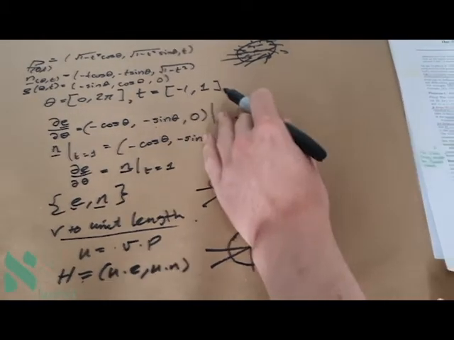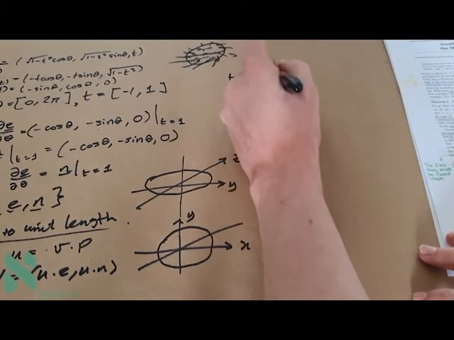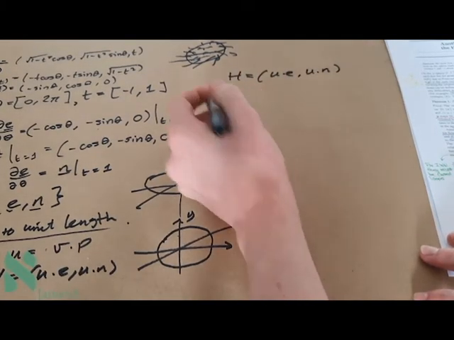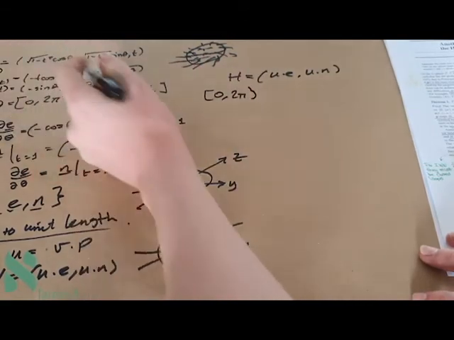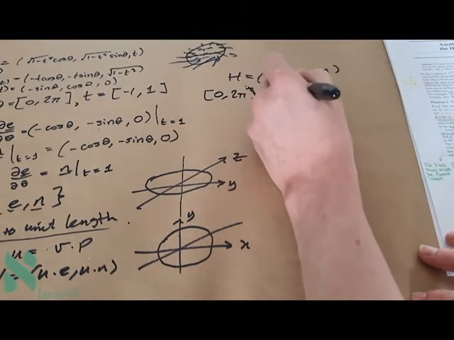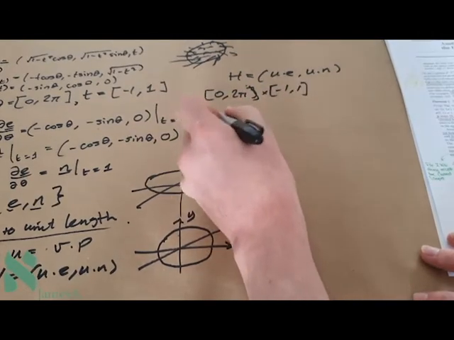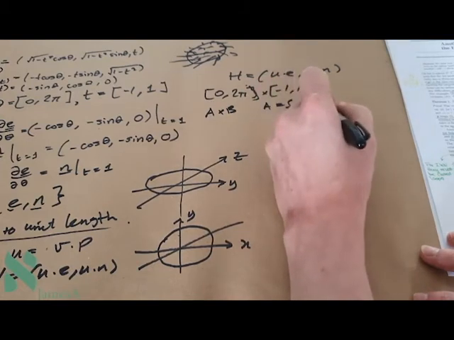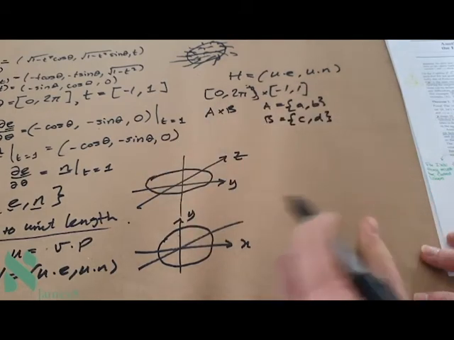Because h is in 2 dimensions, we can take again u dot E and u dot N. Surely h will map [0, pi], because we're using the same thing, and we're going to Cartesian product that with [-1, 1]. So you take all the bits in here. Cartesian product: if you had two sets, A cross B, where A is {a, b} and B is {c, d}, you just iterate through.